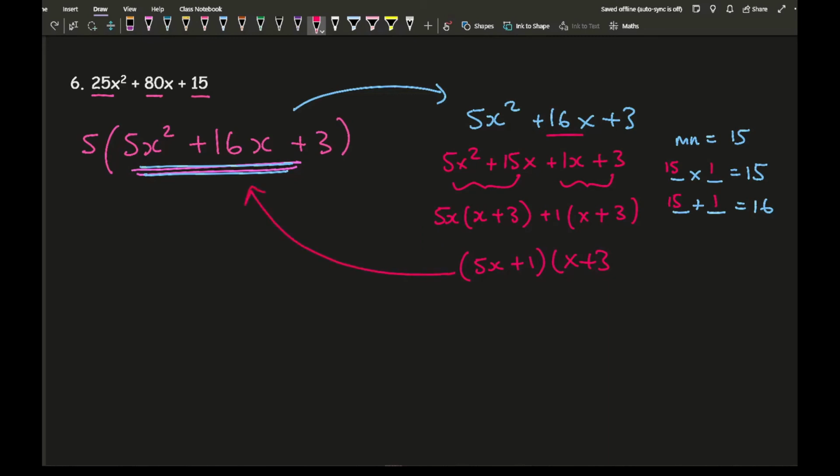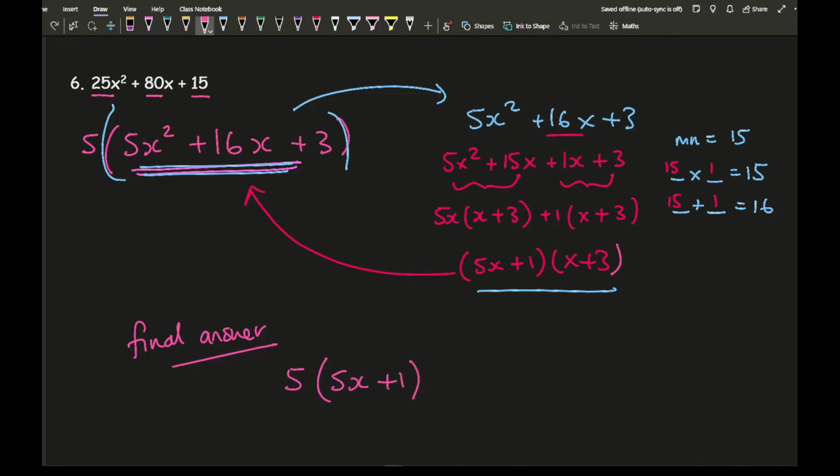So if I swap this big bracket with 5x plus 1, and just close that bracket there, with 5x plus 1 and x plus 3, my final answer is going to be 5 lots of 5x plus 1, x plus 3, and there is my final answer.